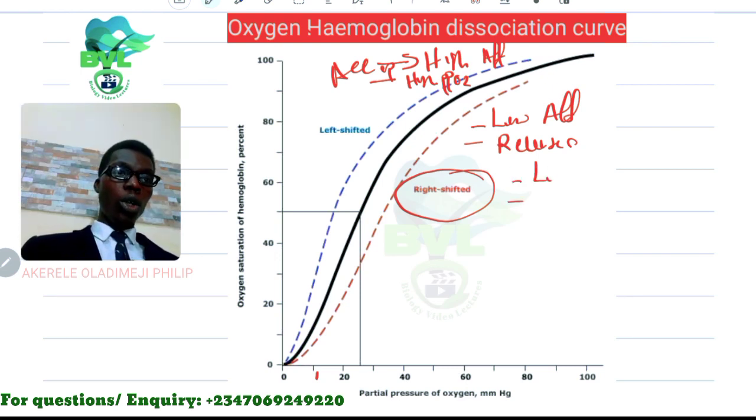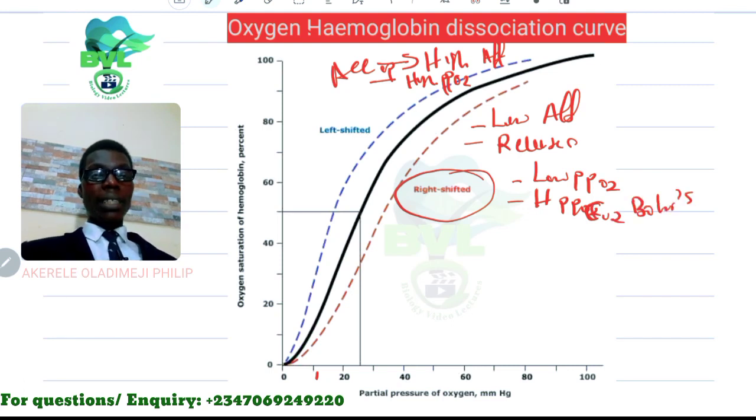Sorry, it's going to be low partial pressure of oxygen shifting to the right. Then you can say high partial pressure of carbon dioxide. We call that Bohr's effect. Bohr effect means that presence of a high level of carbon dioxide causes hemoglobin to release oxygen to the tissue.